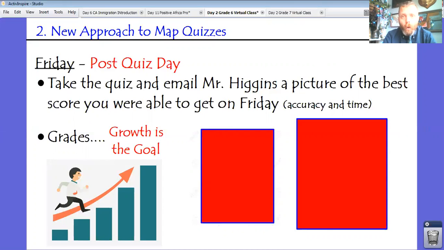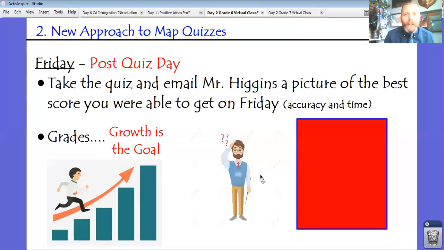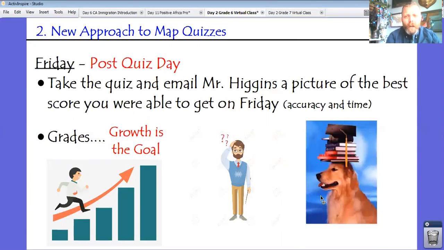Now, I know what you're probably wondering: how are we going to grade this? And in all honesty, I don't know. I have no idea. I'm going to allow our student teacher, Rory, to figure that out. But I will tell you this: it is required that you do it. And what I'm going to be really looking at is growth, okay? And you can see that right here. Growth is the goal.